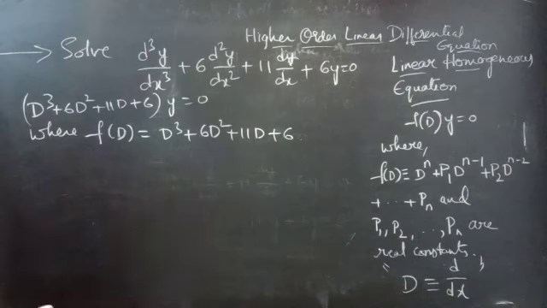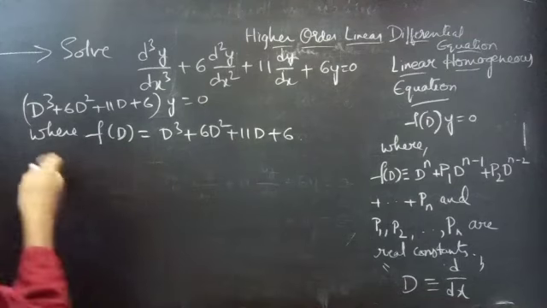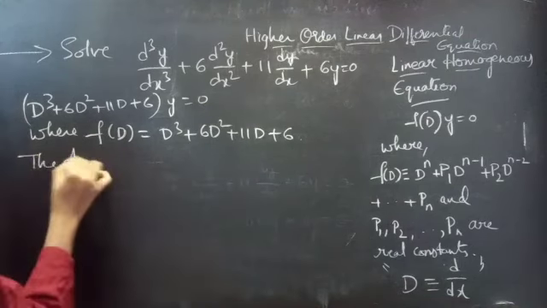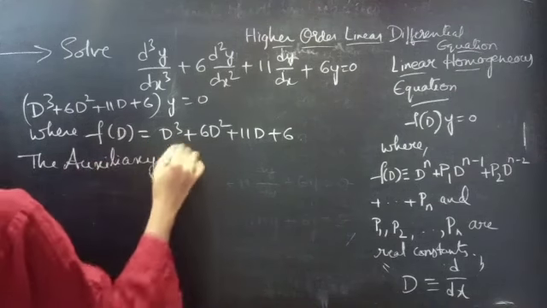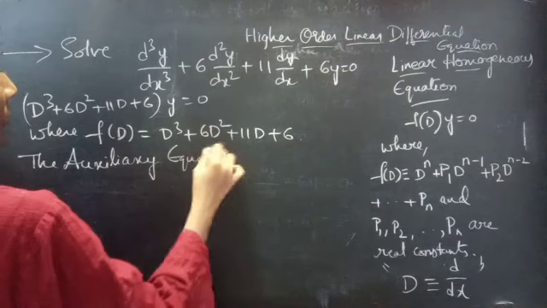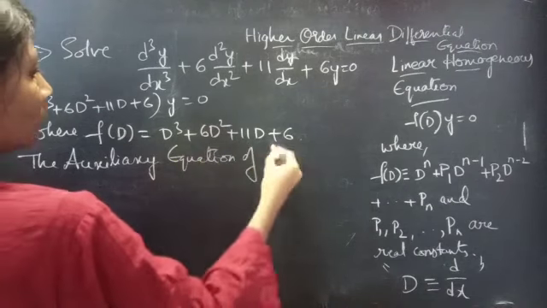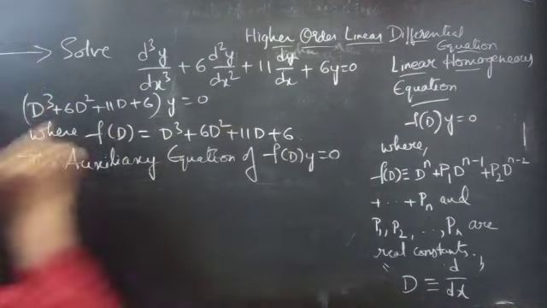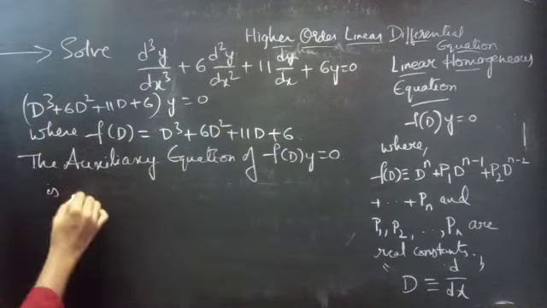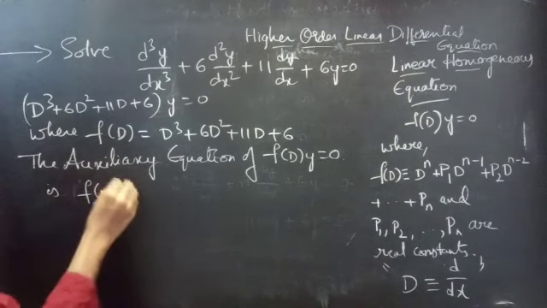Fine. Now we need to find the general solution to the given equation. So how we can find? Using the auxiliary equation. The auxiliary equation of equation f of D into y equals to 0 is f of m equals to 0.